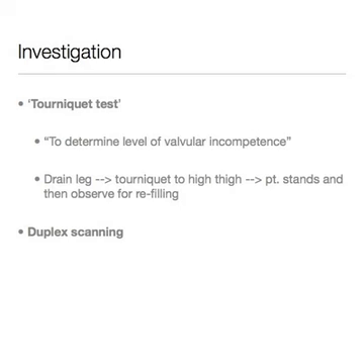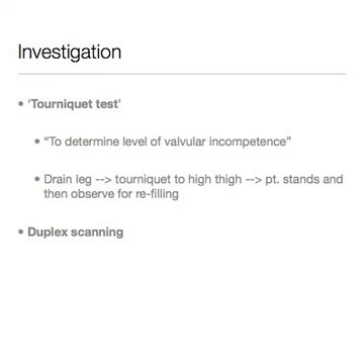The patient is then allowed to stand, and the superficial veins in the leg are observed to see whether or not they refill. If the veins do not refill, this indicates that the valvular incompetence which has caused the varicose veins is either present at the saphenofemoral junction or within the varicose vein itself.